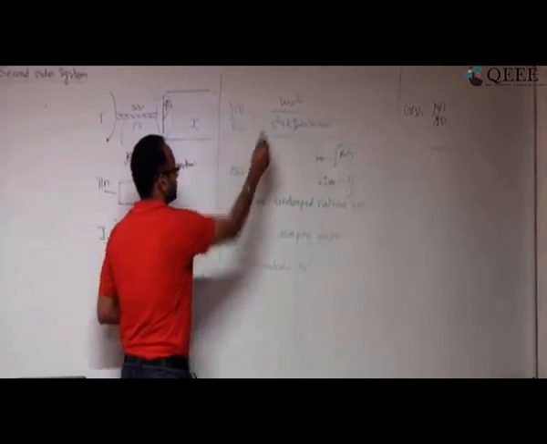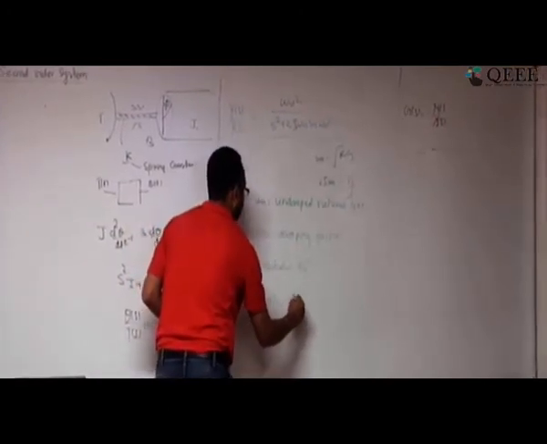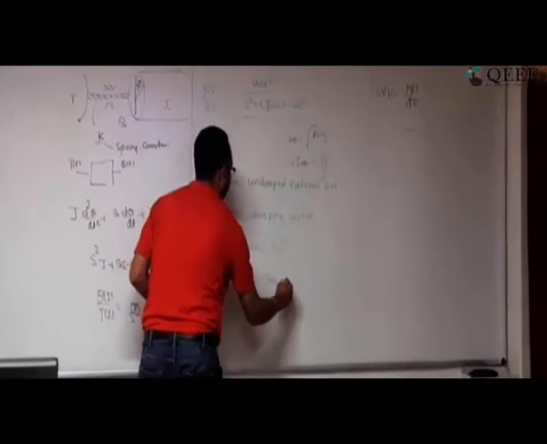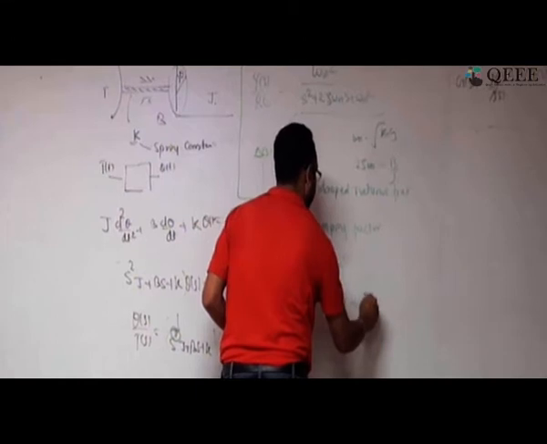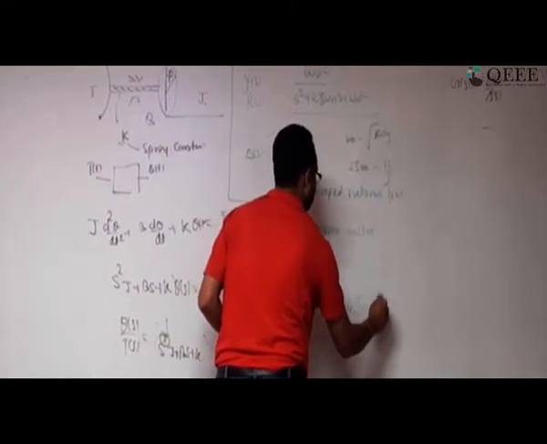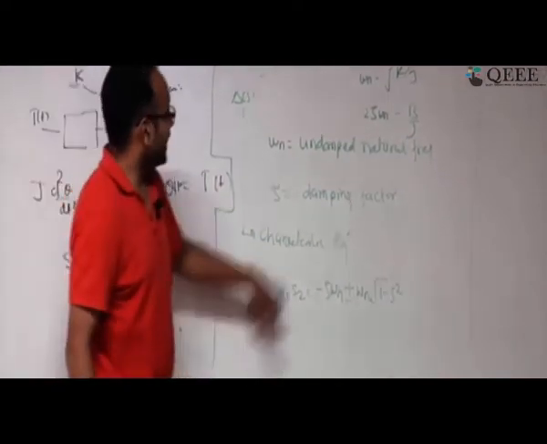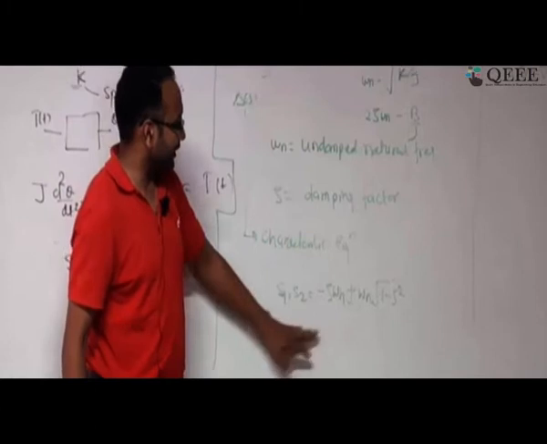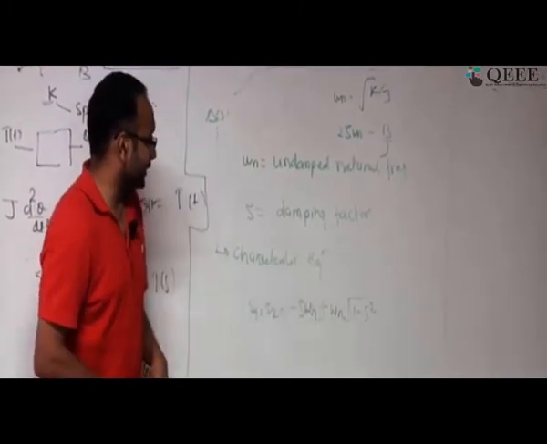If you solve it, the 2 roots S1 and S2 are minus zeta omega n plus minus j omega n square root of 1 minus zeta square. Okay. Is it visible properly? Okay. Fine. So what I have written, I am finding out the roots of this equation. There are going to be 2 roots, S1 and S2, and they are going to be complex conjugate.